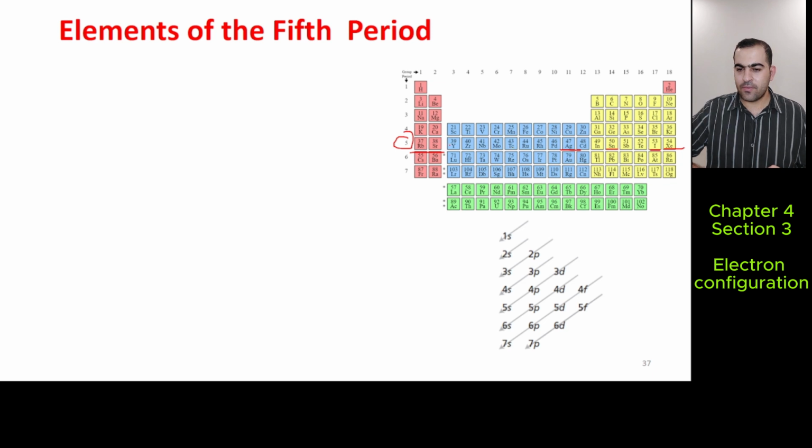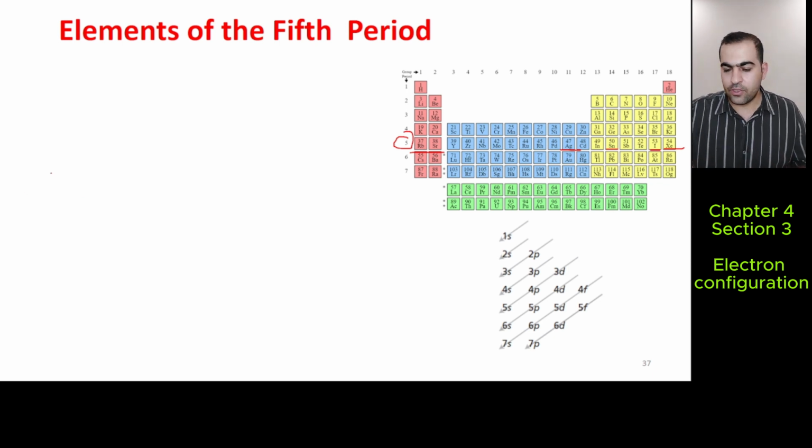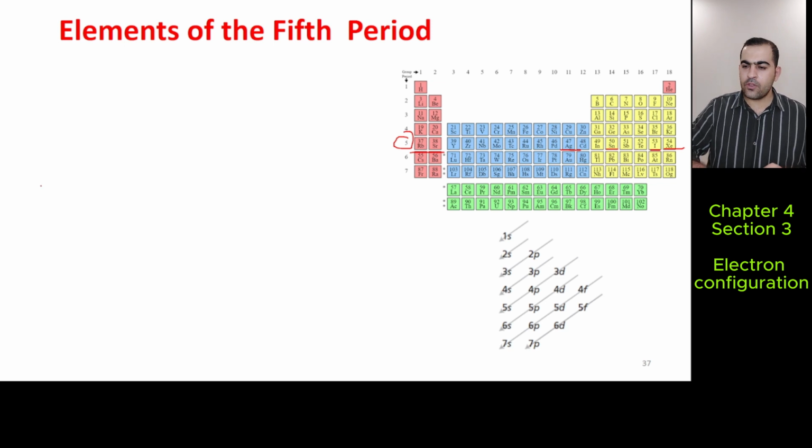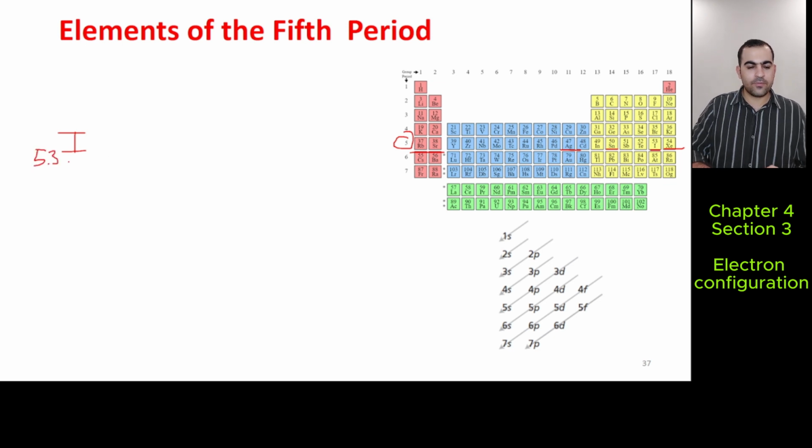Okay, so just know these six elements, their electron configurations and noble gas notations. Now I want to do it for iodine, atomic number 53.